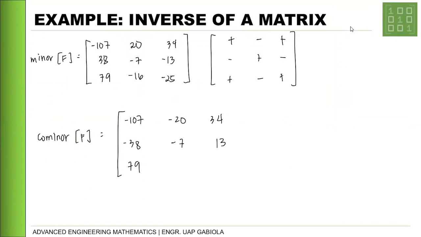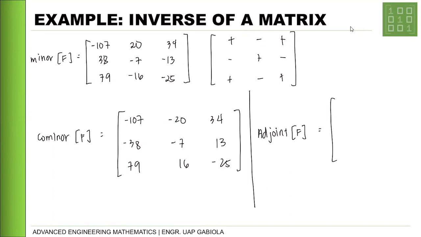We have 79, positive 16, and then negative 25. Ito na agad yung cofactor natin. And then, ang adjoint natin, or adjugate, no? Adjoint F natin is transpose lang ng co-matrix, co-minor natin. Cofactor. Okay. Cofactor pala dapat.